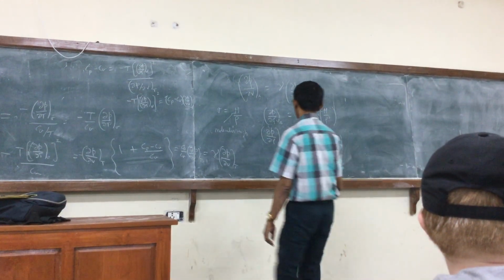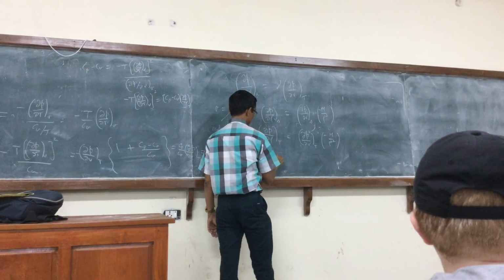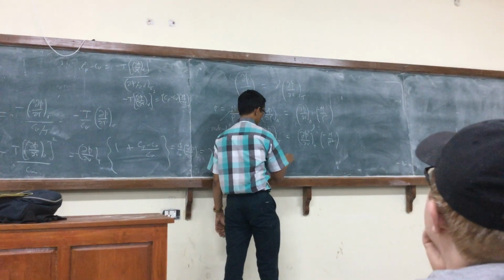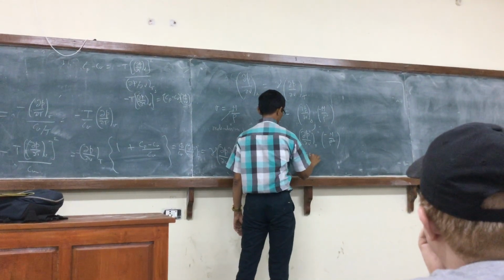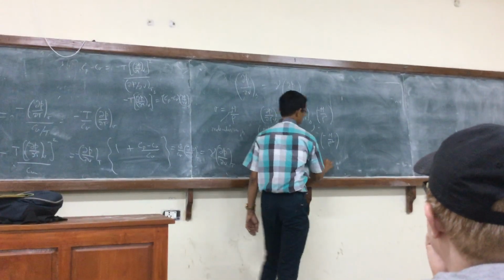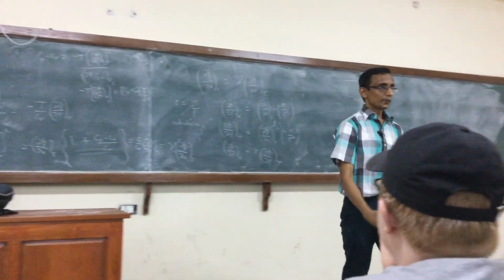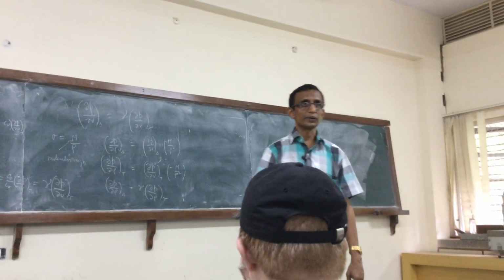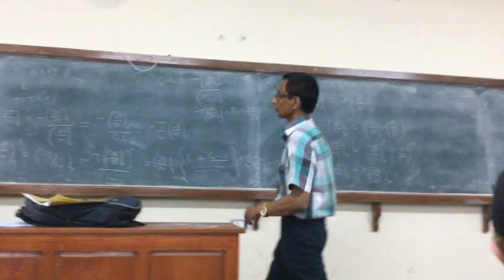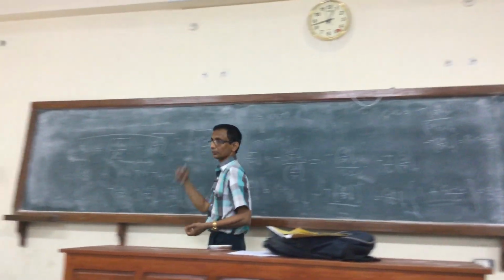So I get the same relation: dP by d rho at S is also equal to gamma times dP by d rho at T. You can easily check that yourself.